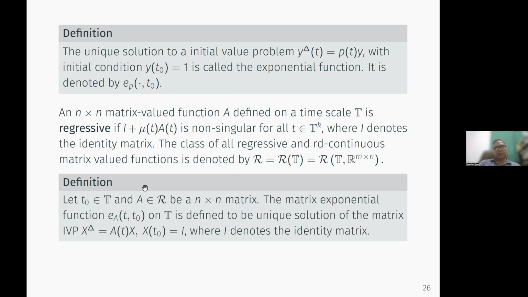If we pick t0 in T and A from this set of regressive matrix functions, then the matrix exponential, denoted by e_A(t, t0) on T, is defined by this, which is the unique solution of the matrix differential equation.